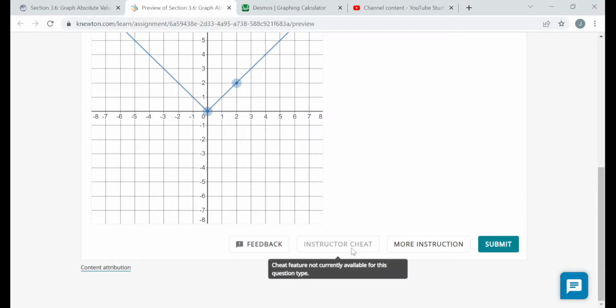You will not have the instructor cheat button. That's for instructors only. You will have a more instruction button. If you're struggling with a particular topic, click on this and you'll be taken to some reading or some videos or both related to that topic, and you'll be given some questions related to that instruction, and hopefully having the instruction up will help you get through the assignment problems.